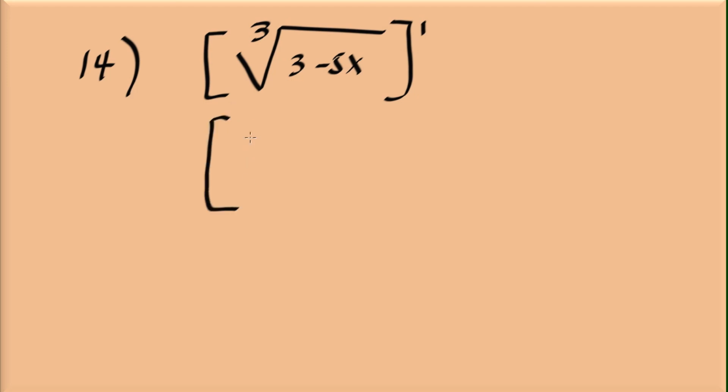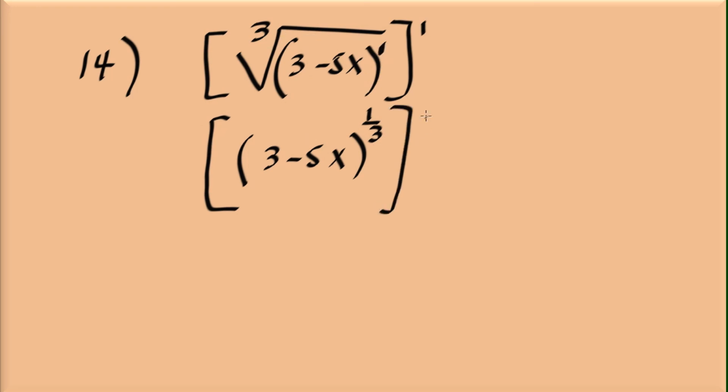So we can rename this as 3 minus 5x to the 1/3, because this means raised to 1 over 3. And then we can use the chain rule for this one. What we do is multiply 1/3 and 1. That's 1/3. Copy that same base, raise to 1/3 minus 1, or 1/3 minus 3 over 3, which is negative 2/3.